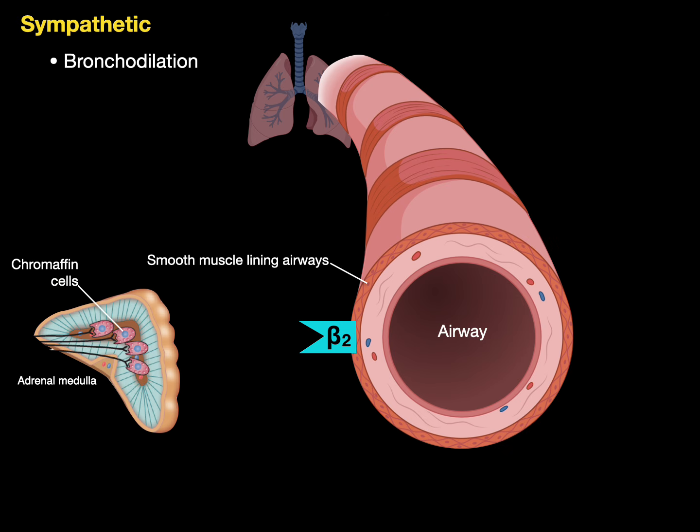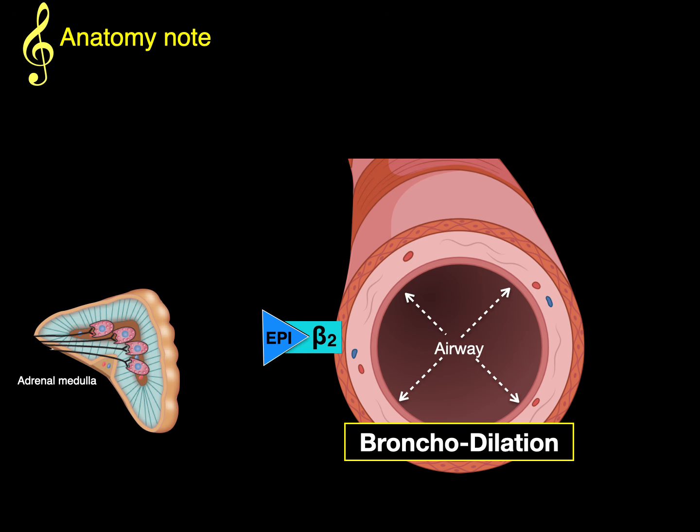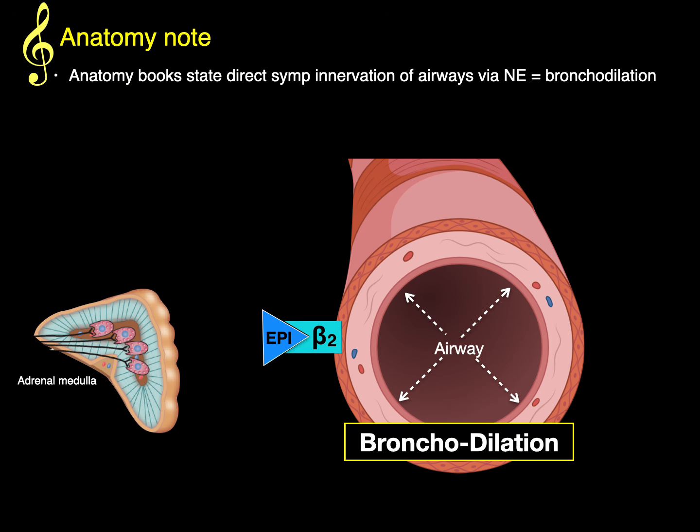The adrenal medulla, with its chromaffin cells, produces the primary catecholamine epinephrine that enters the bloodstream. And then when that epinephrine comes and releases from the bloodstream and binds to that beta-2 receptor, that's what causes the bronchodilation. So an anatomy note is anatomy books state that direct sympathetic innervation of airways via norepinephrine cause bronchodilation.